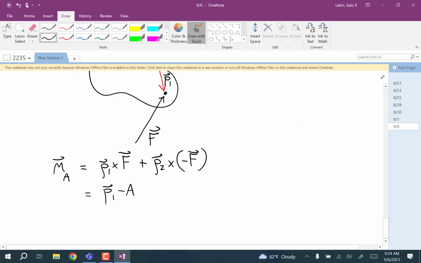You get P1 minus A quantity crossed with F plus the quantity P2 minus A crossed with negative F.